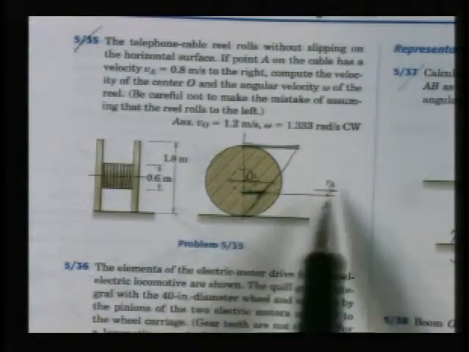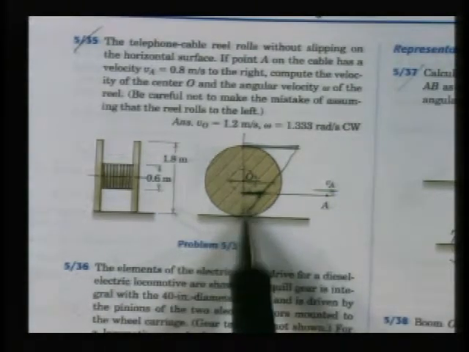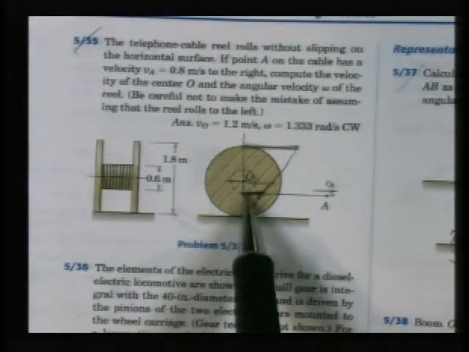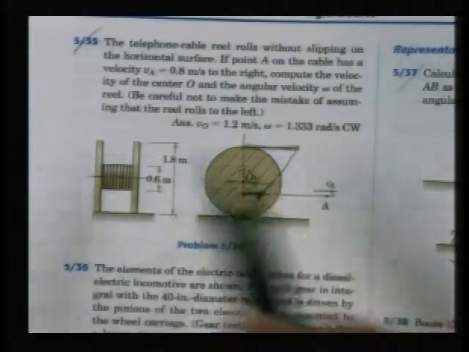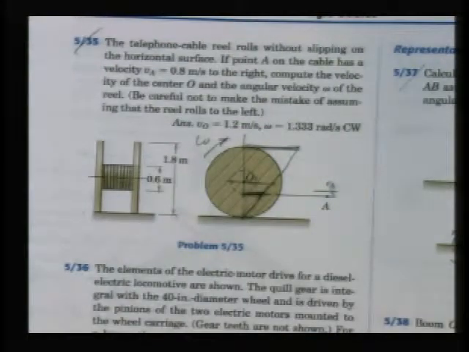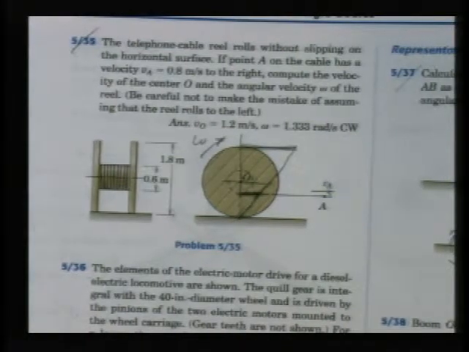You can take this VA value divided by this little length right there, and that's going to be the omega. So this wheel is rolling clockwise.